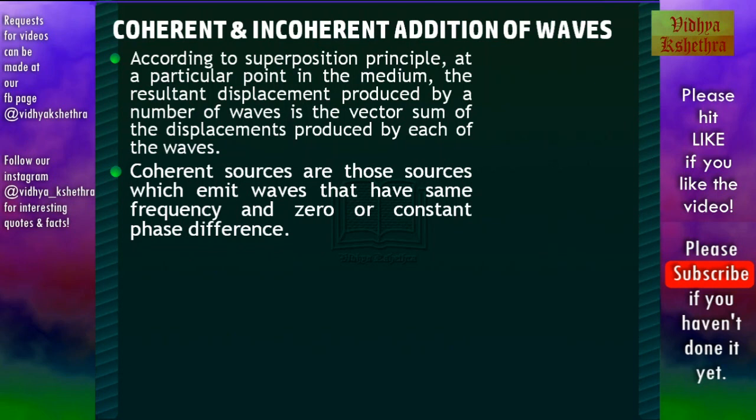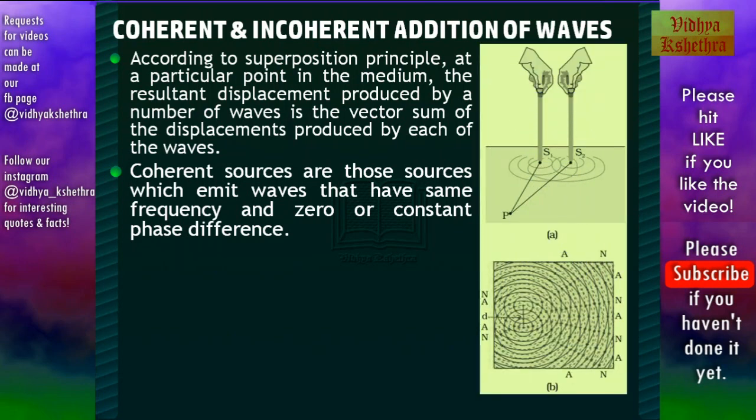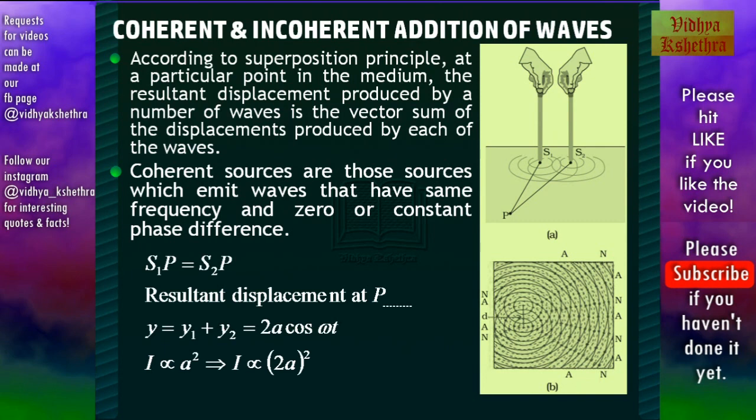Now, we can consider a case as shown in figure A, in which two needles are used to produce waves at points S1 and S2. Consider a point P such that S1P is equal to S2P, so the waves reaching the point P from S1 and S2 are the same, that is, they are in the same phase.